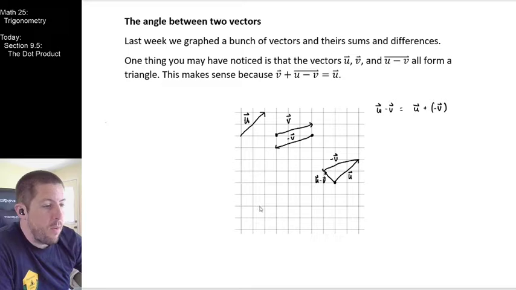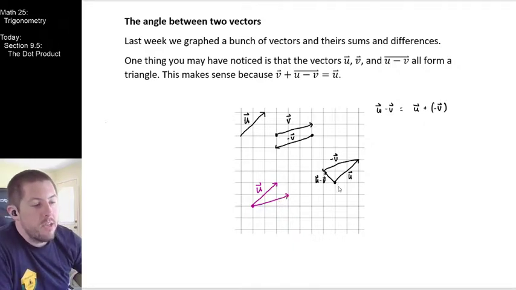So check out the triangle that we can form when we put these together. I'm going to start at one common place, right here, where I'm not going to run into other things. I'm going to graph both u and v from this location. So here's my u. Here's my v. Hey, wow, I'm drawing straight lines for the first time. And you should notice that u minus v is this left one, up one.